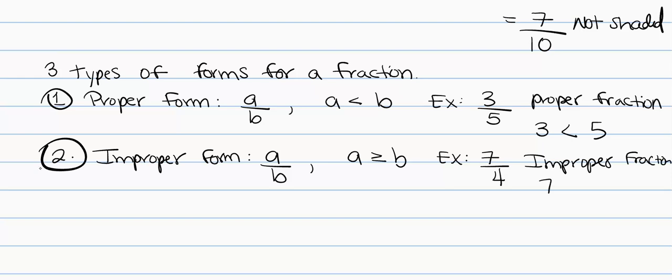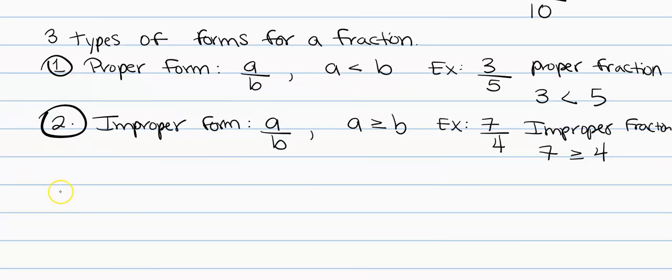The reason is my numerator, 7, is greater than or equal to my denominator, 4. It's called improper because typically fractions should have the numerator be less than the denominator, but improper fractions are typically used for calculations.